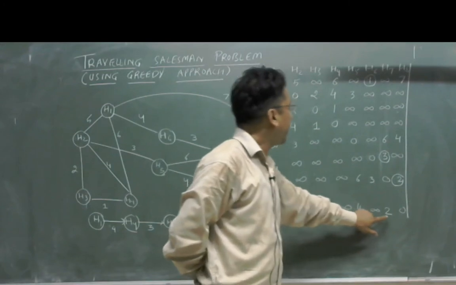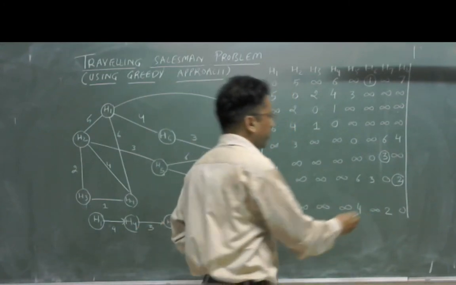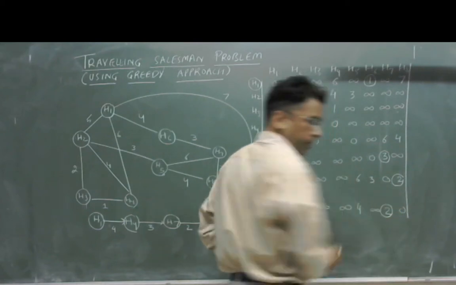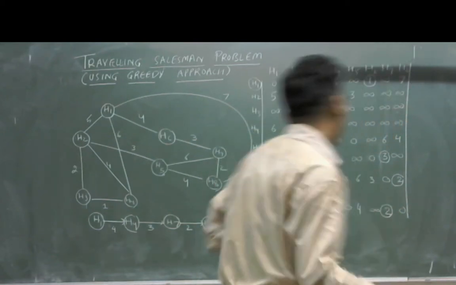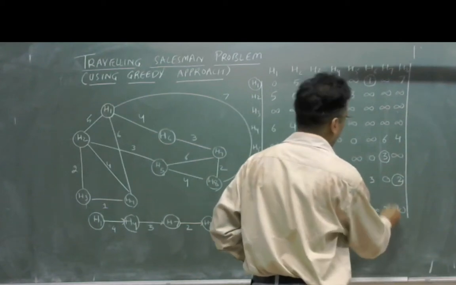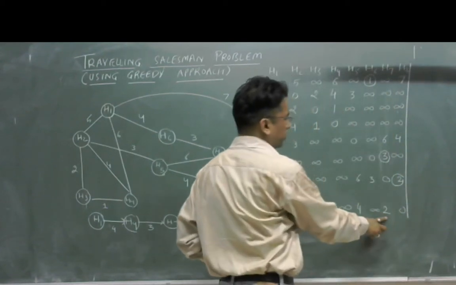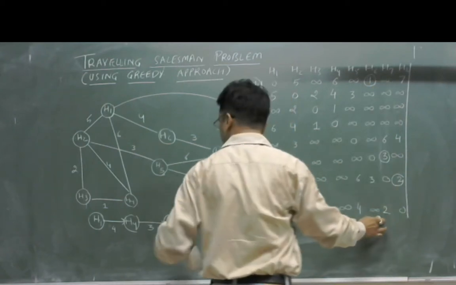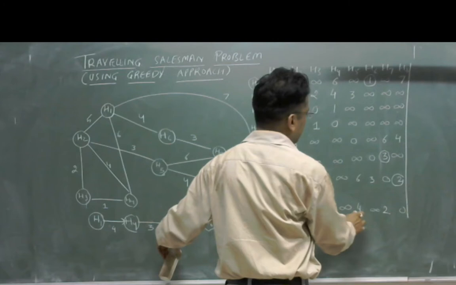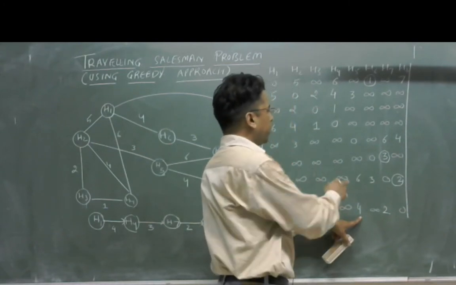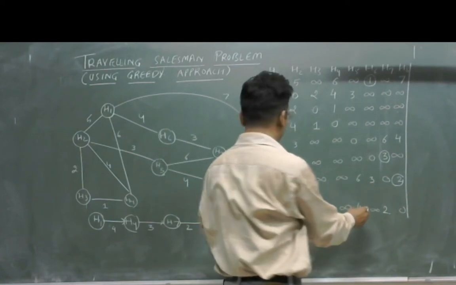Among these, the node H7 is at the minimum distance, but H7 is already covered. Here, the distance to H7 is smaller than 4, but H7 is already a covered node, so we shall consider H5. So we shall consider the next node, that is H5.